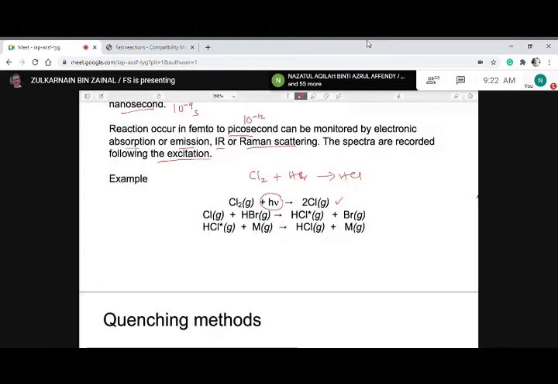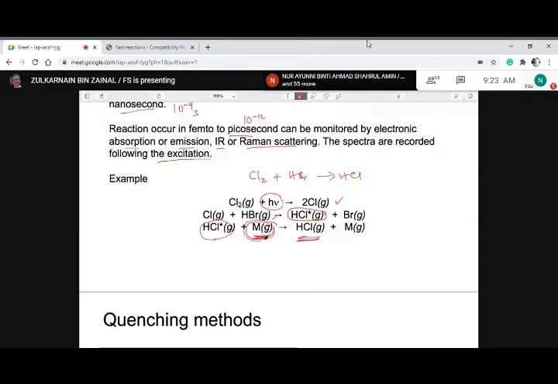So chlorine is dissociated or decomposed into chlorine atoms, a dissociation reaction, and then the chlorine atom will react with HBr to form HCl in an excited state, and then the excited HCl will be de-excited into HCl by another body introduced into the system, which is M here.